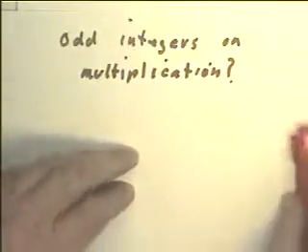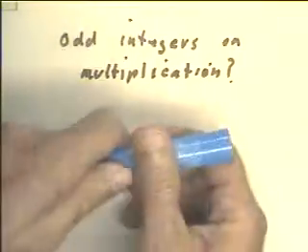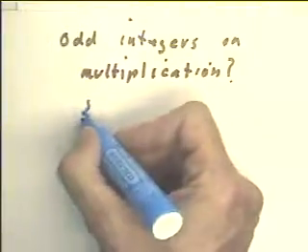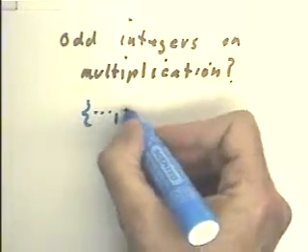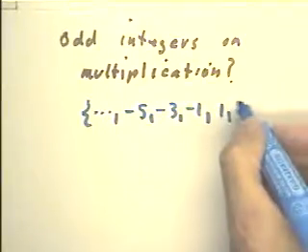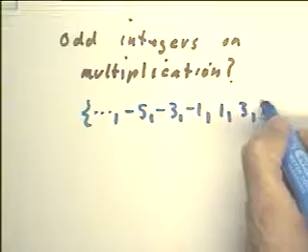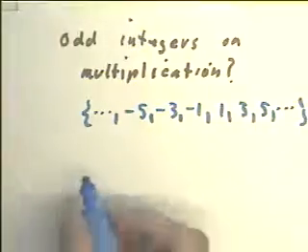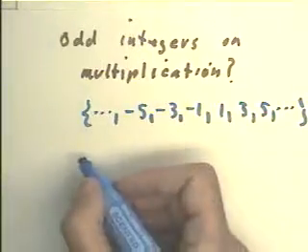What about odd integers on multiplication? Well, the odd integers would consist of like -5, -3, -1, 1, 3, 5, and so forth, right? Now, do they have all the properties of a group?